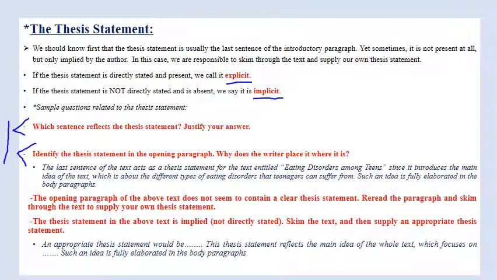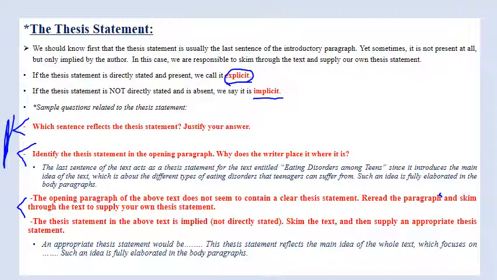Here I will ask you those two questions if the thesis is explicit. However, if it's implicit, I will ask it this way: the opening paragraph of the above text does not seem to contain a clear thesis statement. Reread the paragraphs and skim through the text to supply your own thesis statement.